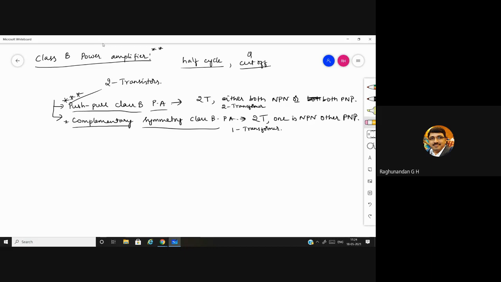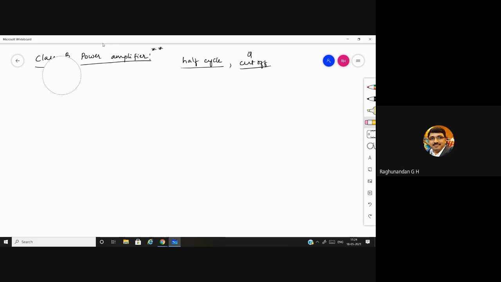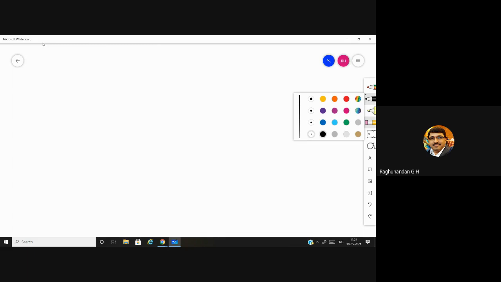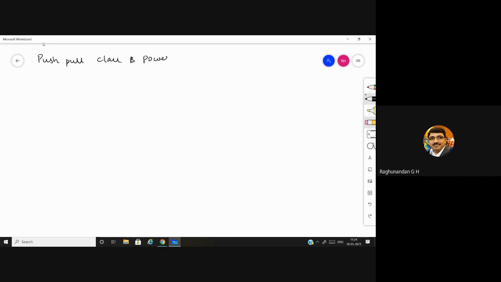Okay, let us start with push-pull class B power amplifier. In this push-pull power amplifier, the first part is the input signal.